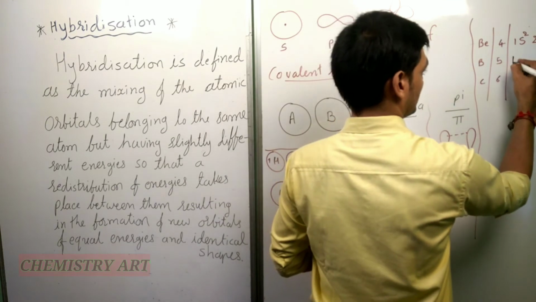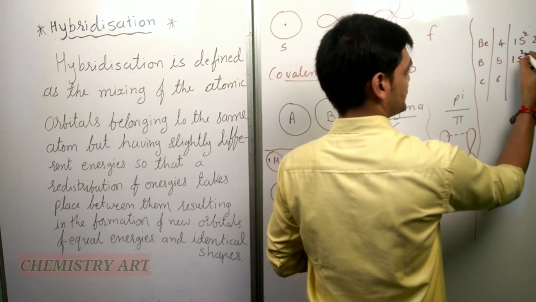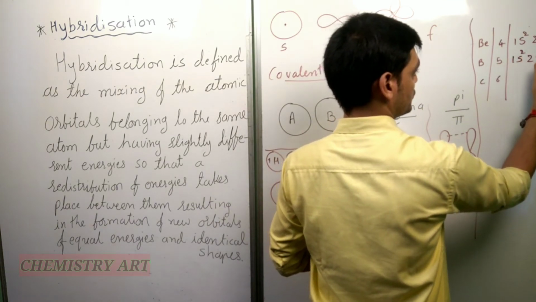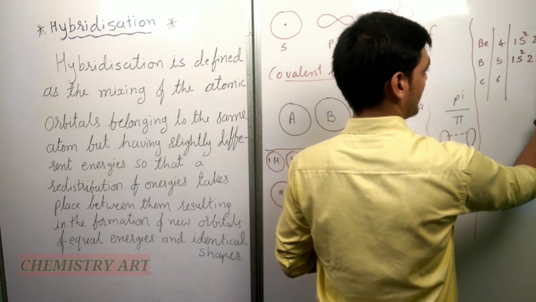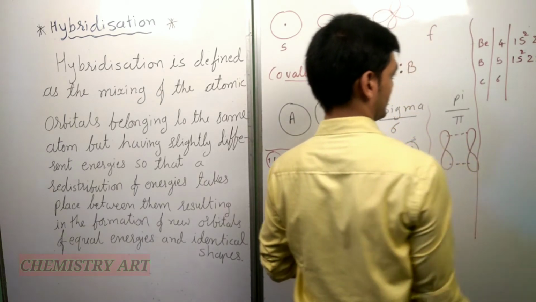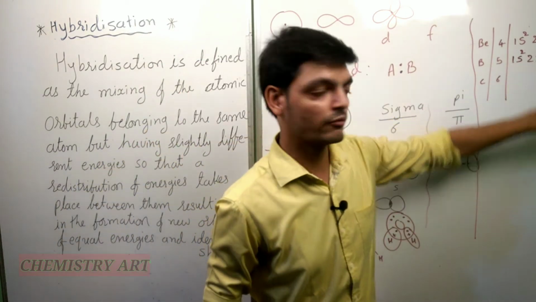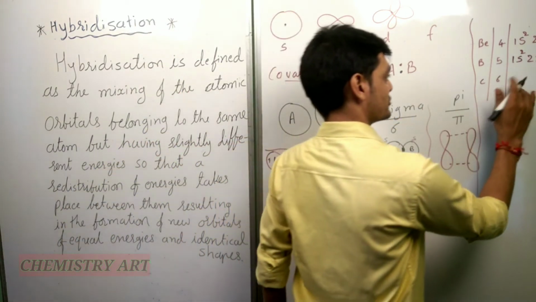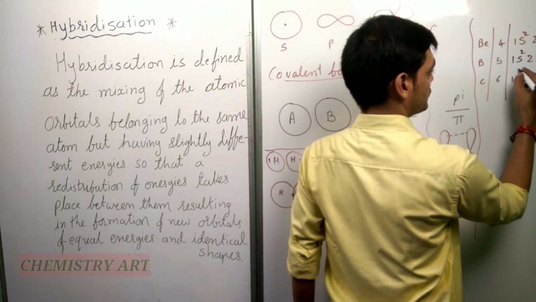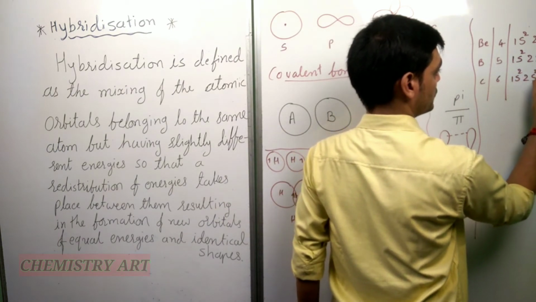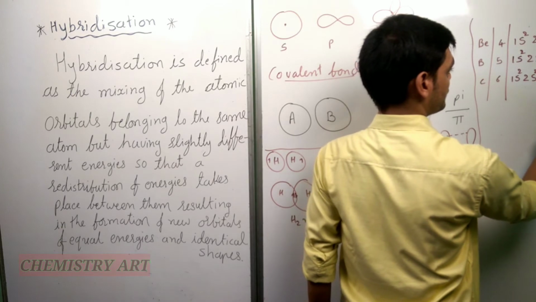In boron, the electronic configuration is 1s2, 2s2, 2p1. It means in the s orbital there are 2 electrons, but in the p orbital 1 electron is there. In case of carbon, 1s2, 2s2, and 2p2.